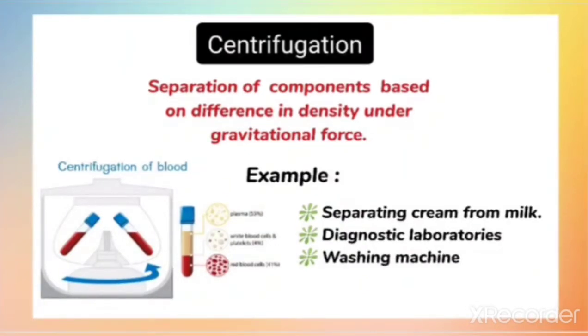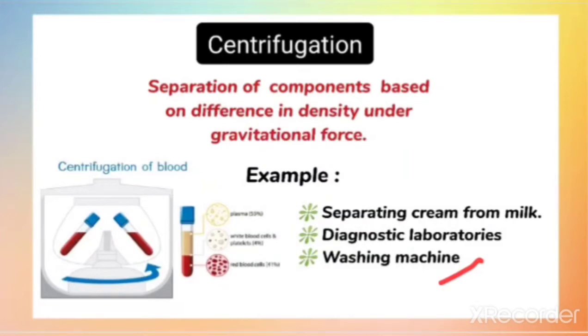During this process, the denser particles are forced to the bottom and the lighter particles stay at the top when it is spun rapidly. It is quite familiar to us because we can see the same procedure in the washing machine.